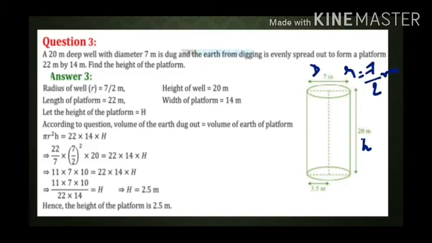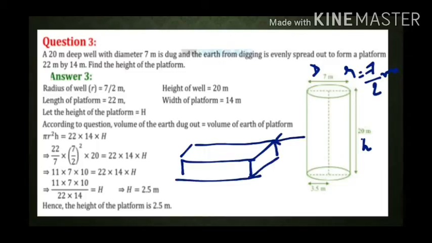Now you dig it, and with the soil removed by this digging, you have to make a platform. The platform is in the shape of a cuboid whose length is equal to 22 meter and breadth is equal to 14 meter. You have to find the height, which I am considering as h1.